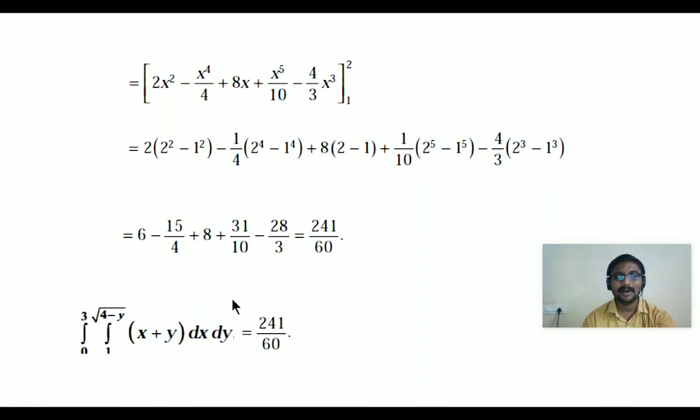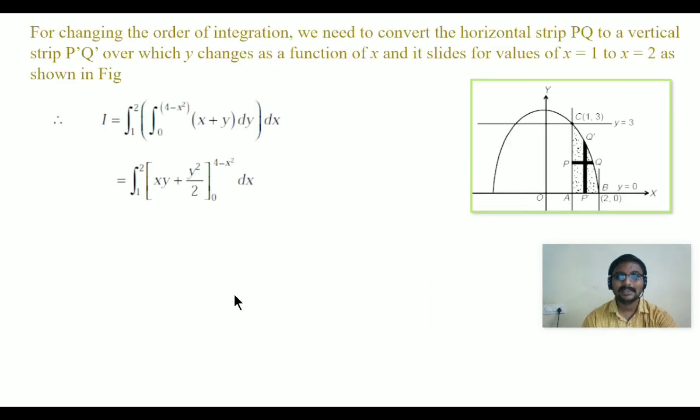So easily we have obtained it. We just have to draw the rough sketch of the region and take the old strip, the PQ strip, in the closed region where the curves and lines meet according to the old limits.